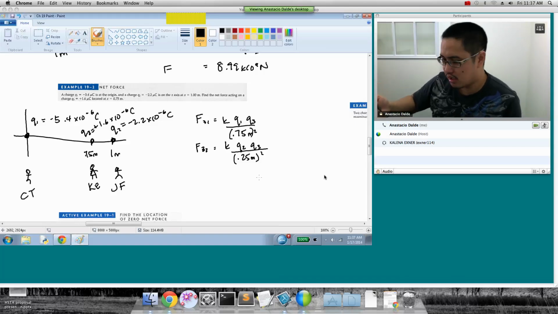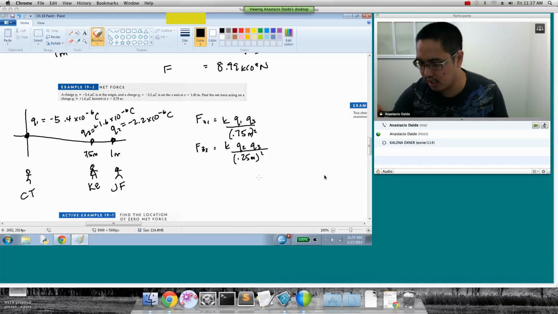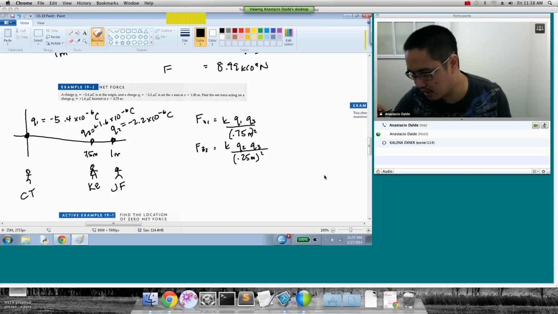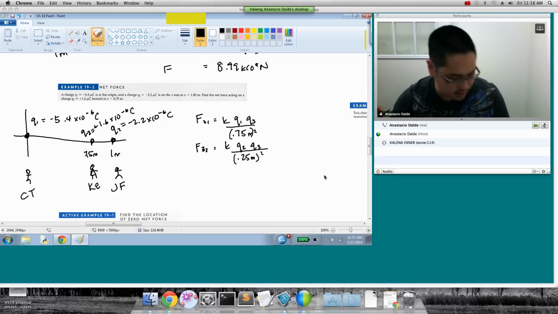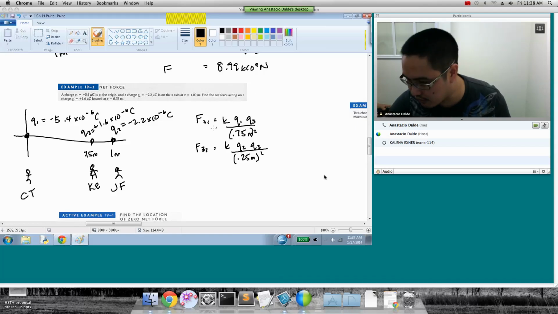We cool? Okay. And then what we should do is figure out which direction each is pulling. Channing Tatum is pulling in which direction, positive or negative? He's pulling to the right, the negative direction.